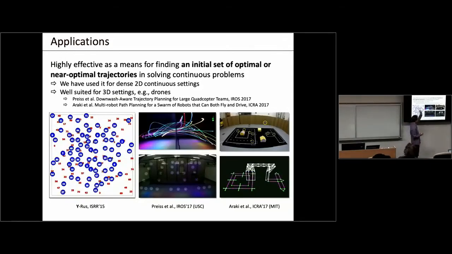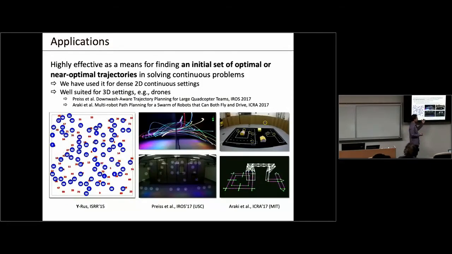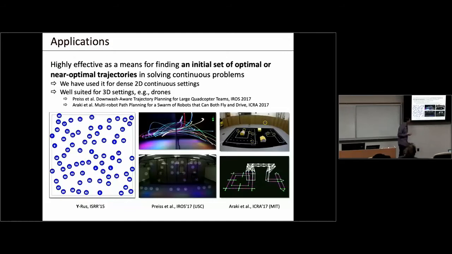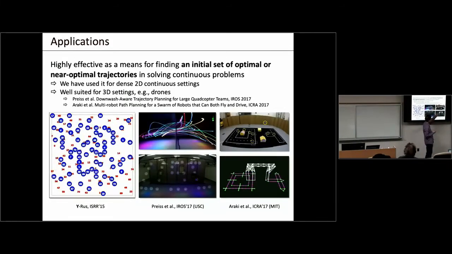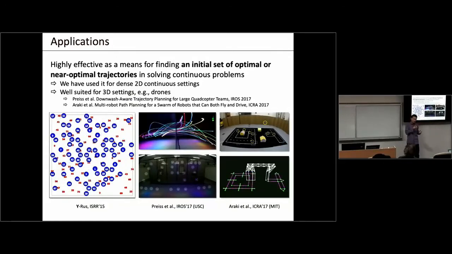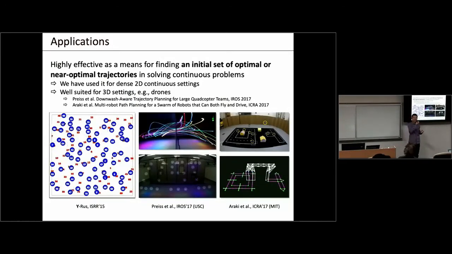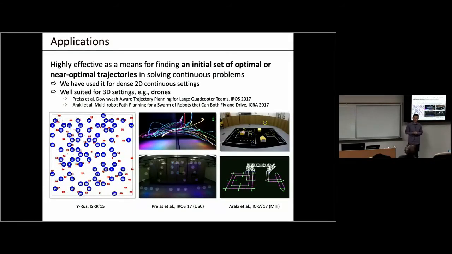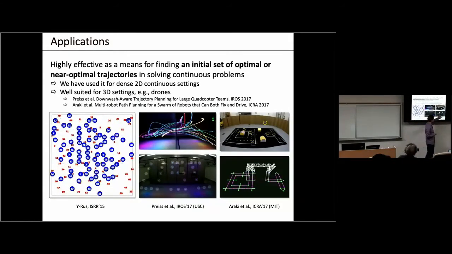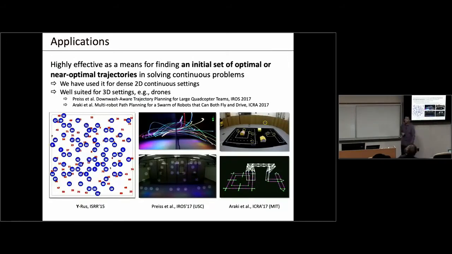USC used our methods as a baseline method for coordinating a bunch of drones. And MIT did something quite interesting. They have small quadcopters, and they added some wheels to them, so they can both fly and go on the ground, representing some hybrid vehicle. They also used our method to plan the initial trajectory.